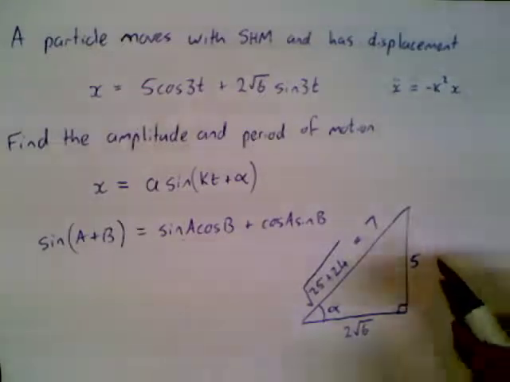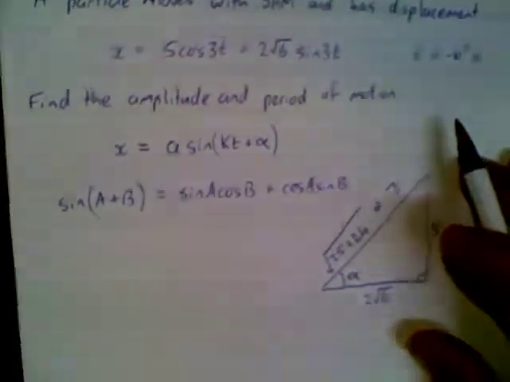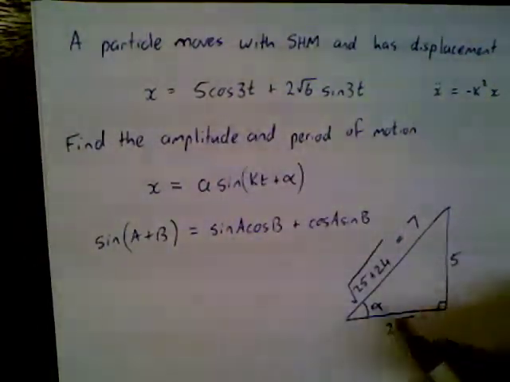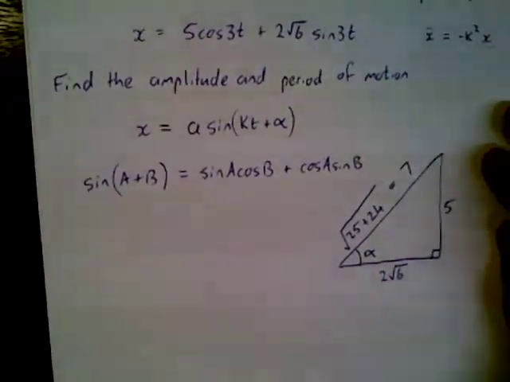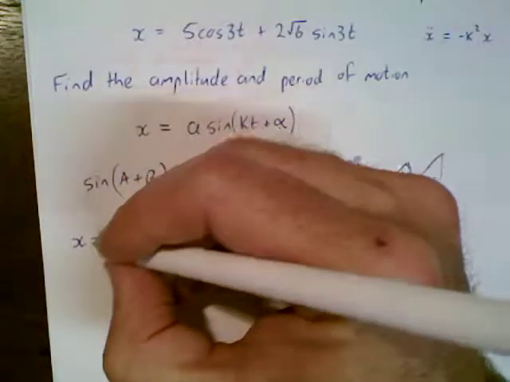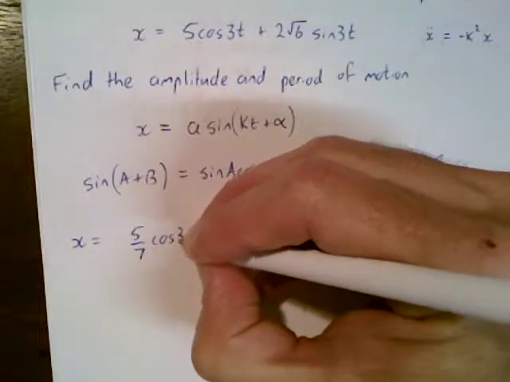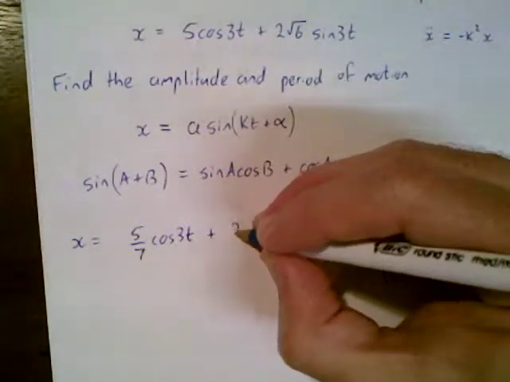So we then go back to our original equation here, and we just change it up a bit. So the 5 here, I'm just going to divide that by 7, so I get a sine alpha, sine being opposite over hypotenuse. So we end up here with x is equal to 5/7 cos 3t plus our 2 root 6, we put that over 7.